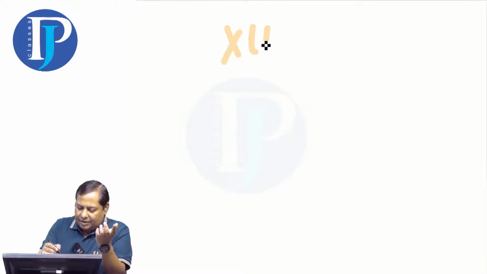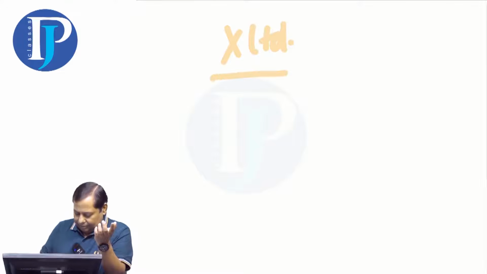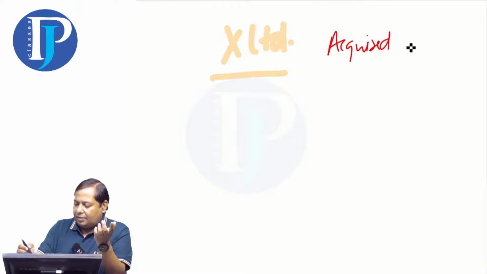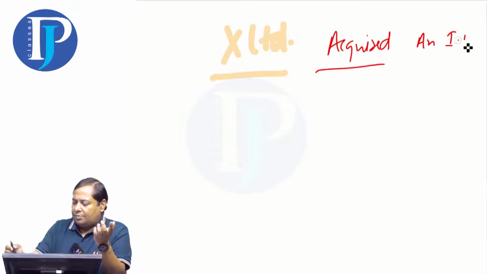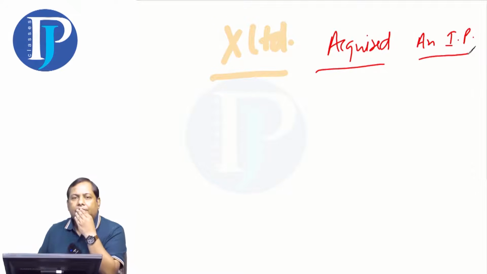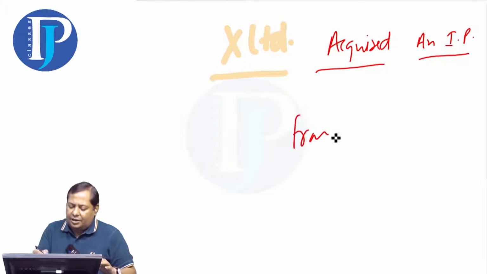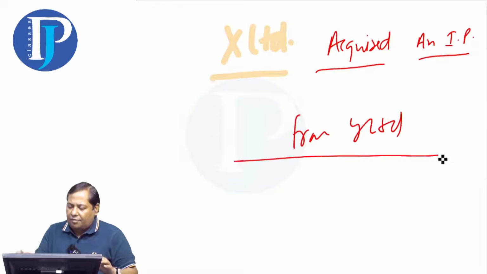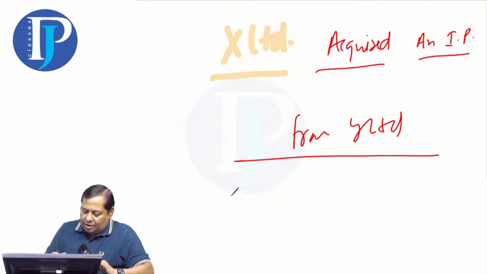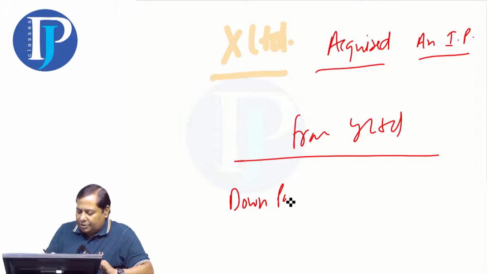There's a company called X Limited. And this company X has acquired an investment property through a purchase agreement with Y. And they told this Y that the down payment I am providing is 50 lakh rupees.